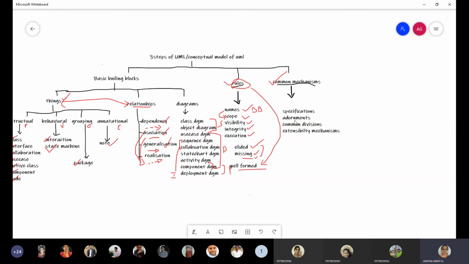So moving on to the first one, specification. So what exactly is the specification? Many times, as I told you, UML is not only a graphical and visualization language, but it also has many other details in it. Many other details means what exactly you want to specify.